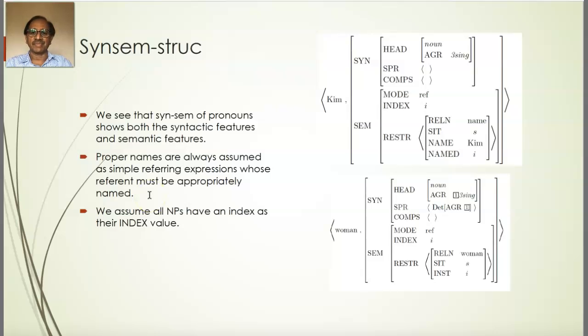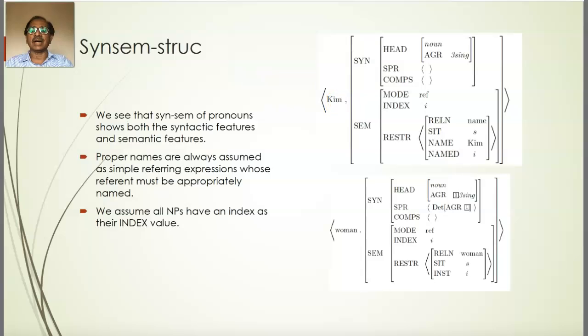If you say there is a word Kim that refers to a person, that is, there is a person in the world, in the situation, and that person is named Kim, right? So we say that all NPs have an index as their index value.